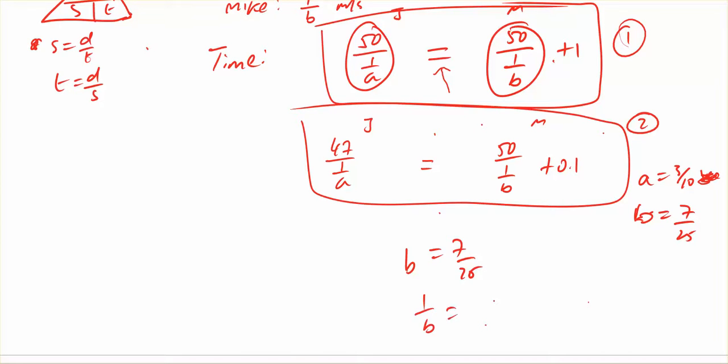So 1 over B would be just the reciprocal of it. So it's 25 on 7 meters per second. Hopefully that helps.